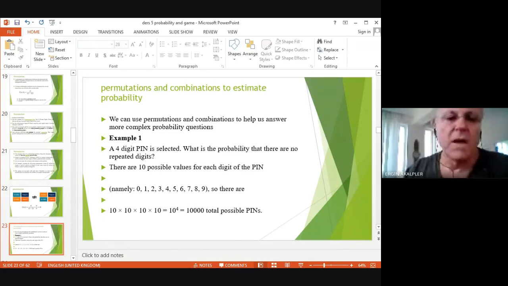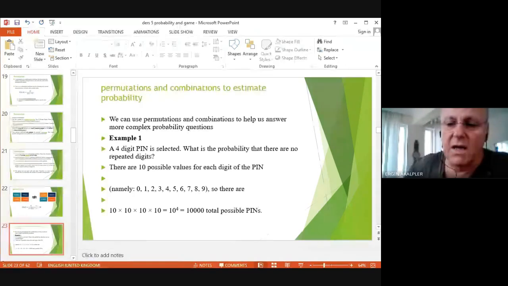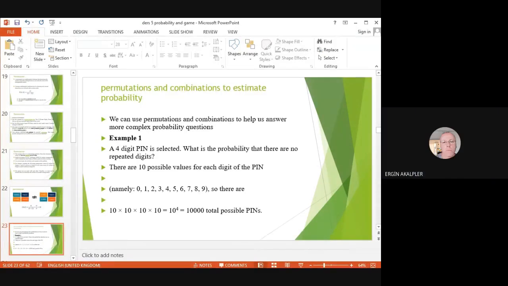Okay, the permutation and combination to estimate the probability, we can use, as I said to you, to help answer more complex probability questions. We are using this pin code scenario to apply it to a mobile.